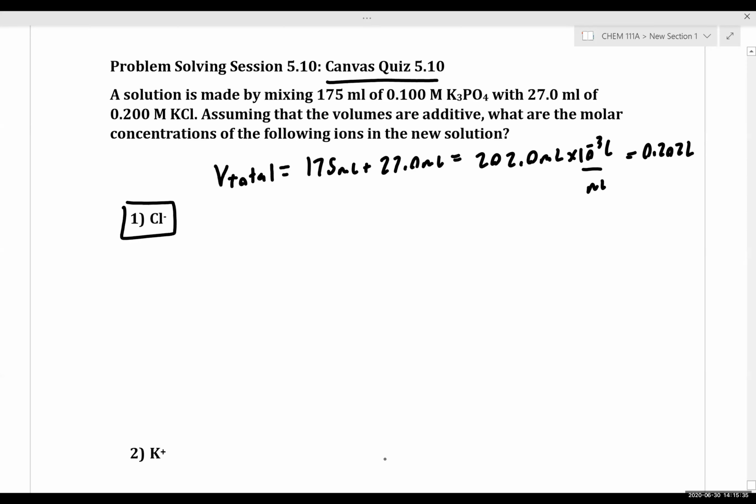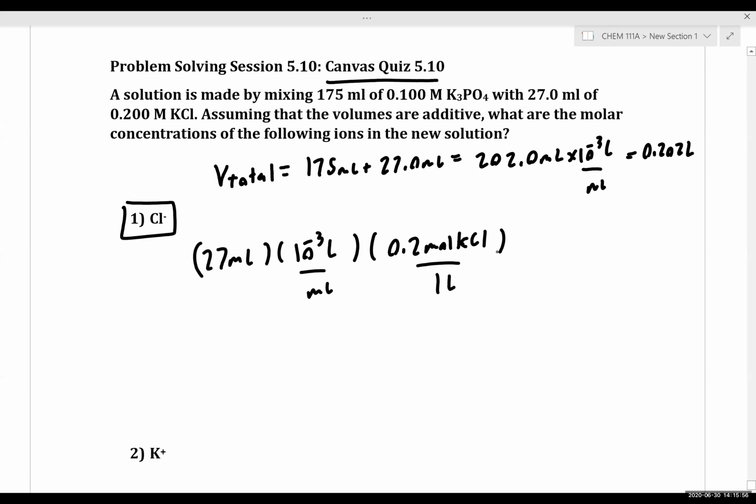For the concentration of chloride, we have 27 milliliters of our KCl solution. Converting to liters, we know we have 0.2 moles of potassium chloride per every 1 liter. And we know that we have 1 mole of chloride for every 1 mole of potassium chloride.